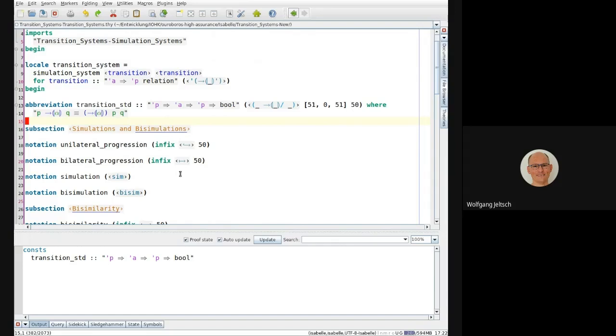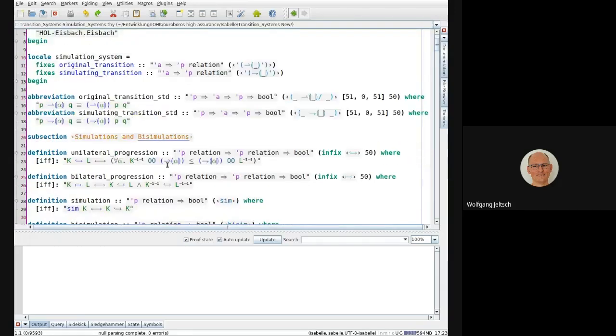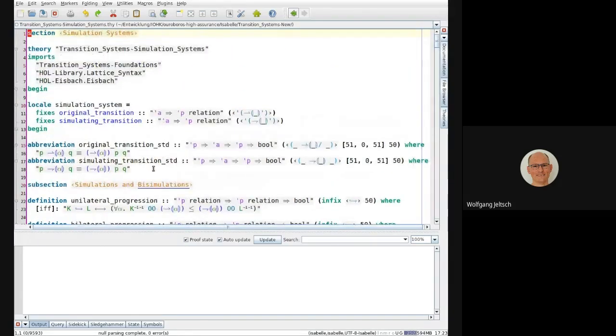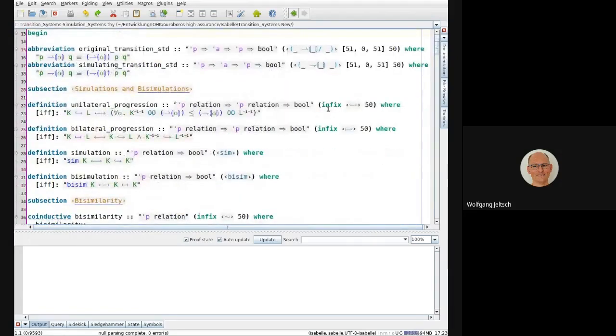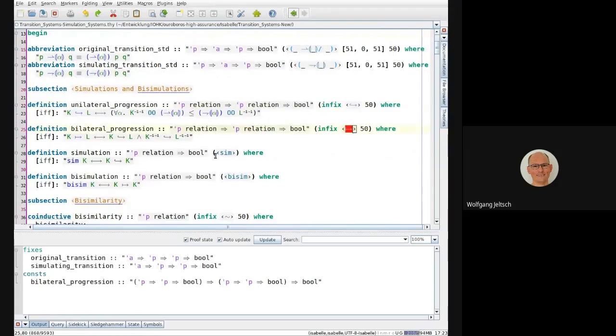So the bottom line of what I'm saying here is that we need to manually define these notations because they are not inherited. This is the point. And these things like unilateral progression, bilateral progression, and so on and so forth, are taken from this superlocale, simulation system. Then notations are not inherited here, this one, and this one.